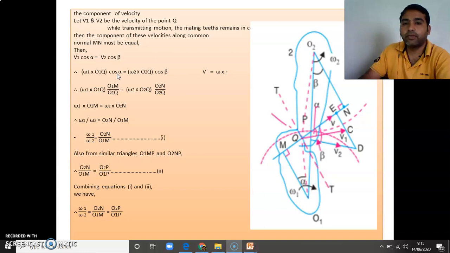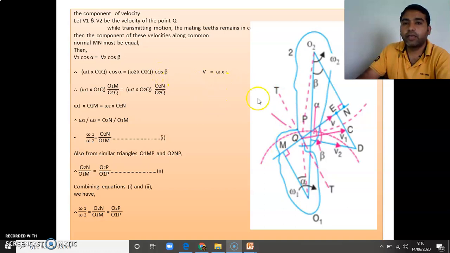From this figure, we can see the triangle O1QM. From this, the value of cos alpha is O1M divided by O1Q. Cos means this side divided by this side. This equals omega 2 into O2Q into cos beta.